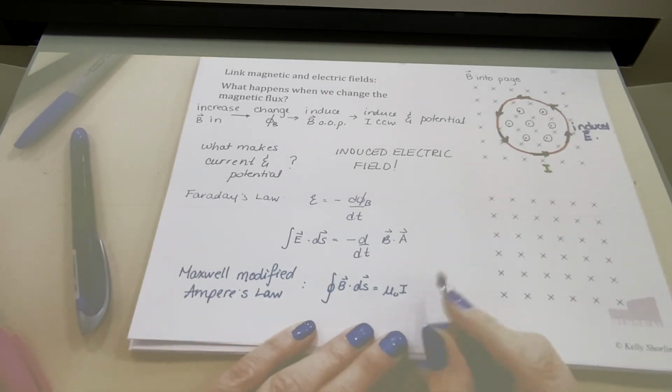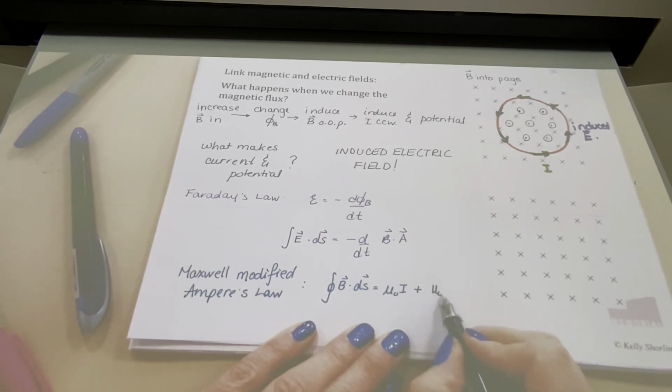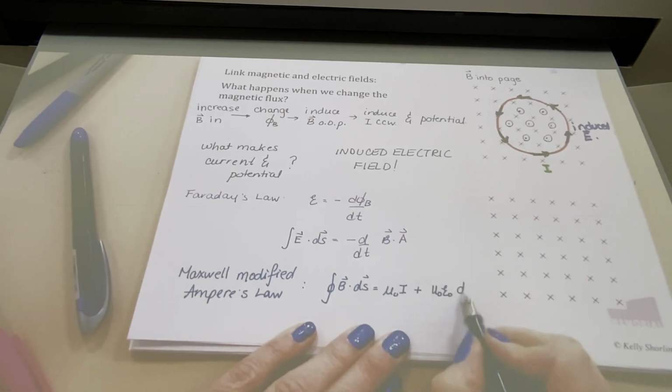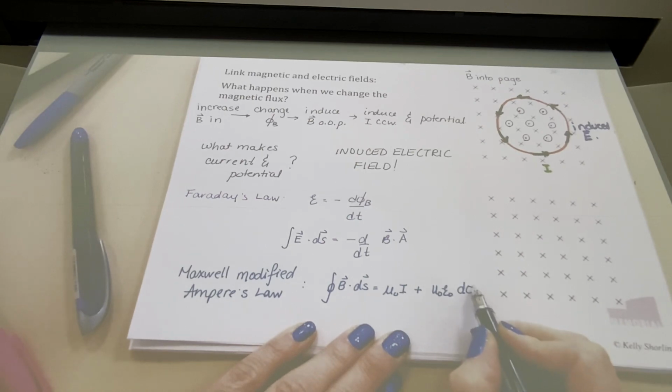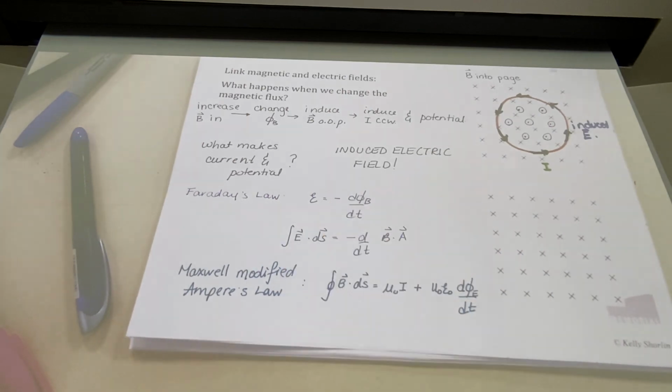Maxwell added a term and said that it is this, but we also have to consider the fact that if we change electric flux, we can also get that magnetic field. Okay, so Ampere did this bit, and Maxwell did this bit.